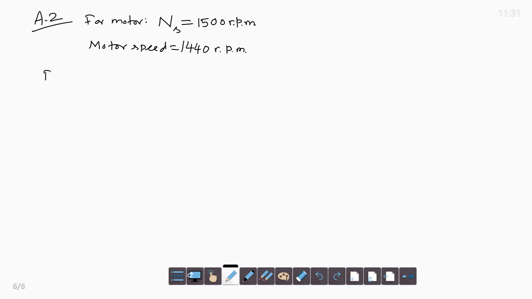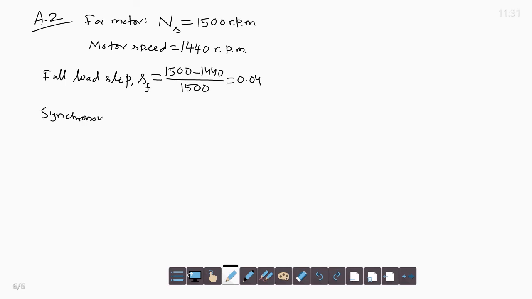So, full load slip Sf is (1500 minus 1440) divided by 1500, so that is 0.04. Further, synchronous speed in radians per second, omega s equals 2 pi Ns by 60, Ns is 1500. So, it is 50 pi radian per second.